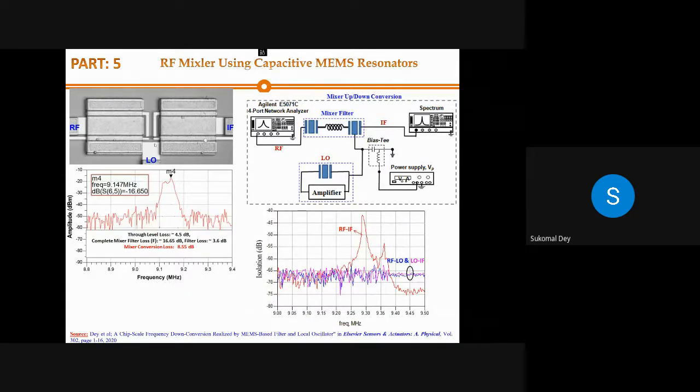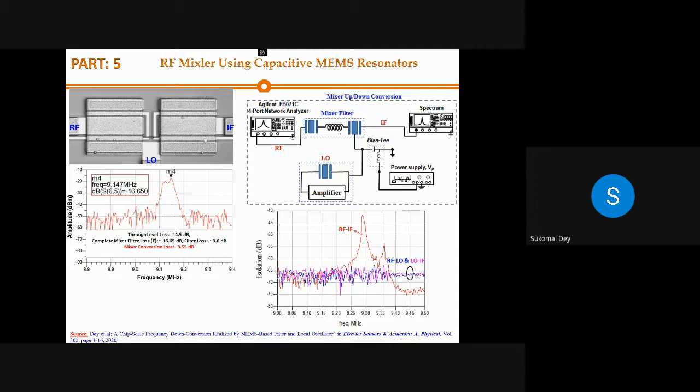If you are down converting, suppose, for example, you are giving a 2 gigahertz signal, that is the RF, and a 1 gigahertz signal at the LO, then at the IF stage you get a 1 gigahertz signal: 2 minus 1, 1. In addition to the 1 gigahertz signal, you would have some higher order components, or some harmonics. Those harmonics have to be reduced through some IF filtering.